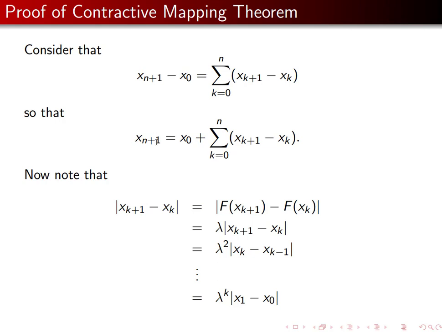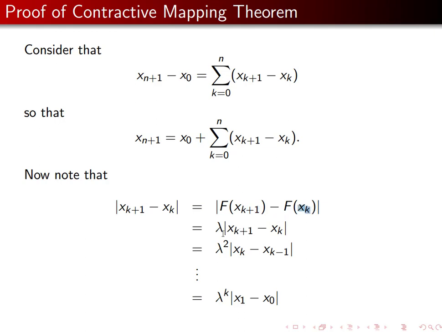Okay, so I can now take that and realize my x_{n+1} as x_0 plus this telescoping sum. Now take a look at the absolute value of x_{k+1} minus x_k. Well, this will be equal to the absolute value of, and here, oops, this should be a k here, and this should be a k minus 1.